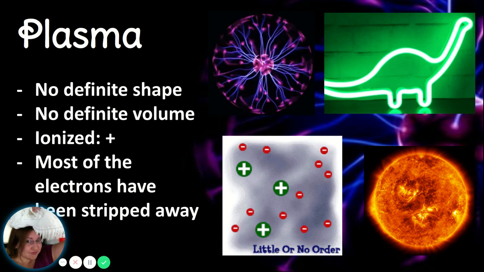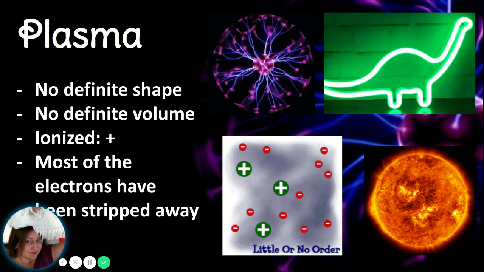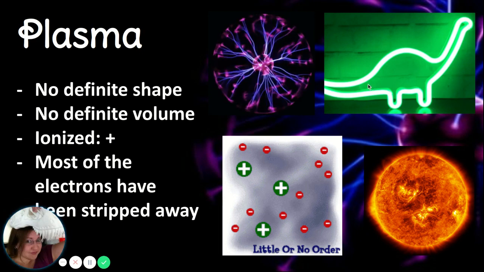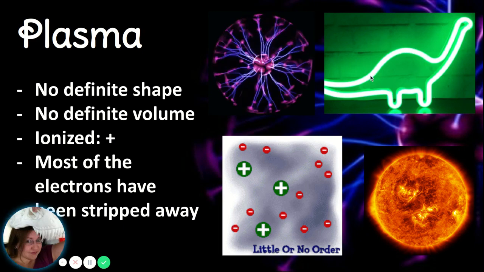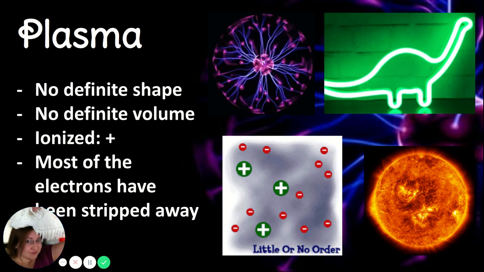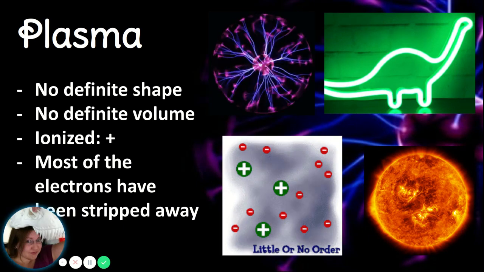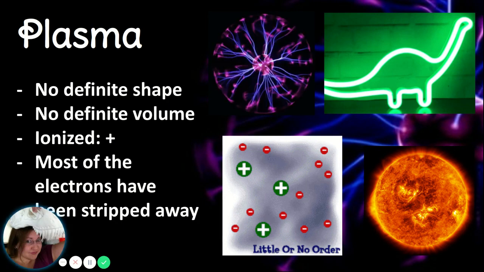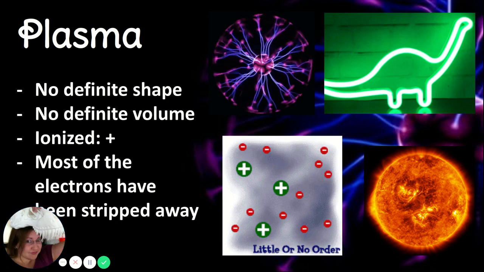And here are a few examples just to show you where you might be able to find plasma. Plasma is going to be a neon sign. Within the tube that is containing what we see as a visually bright substance, this tube is going to have a gas that is positively charged. It's going to be ionized.